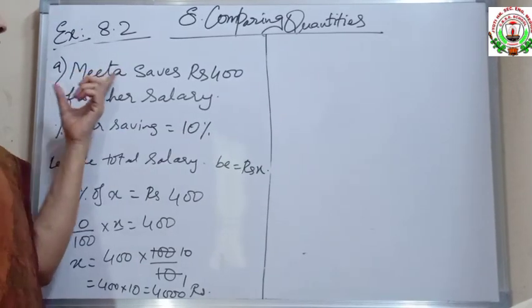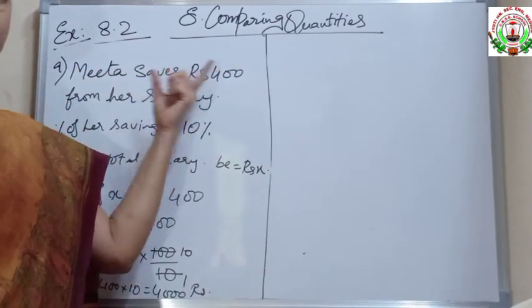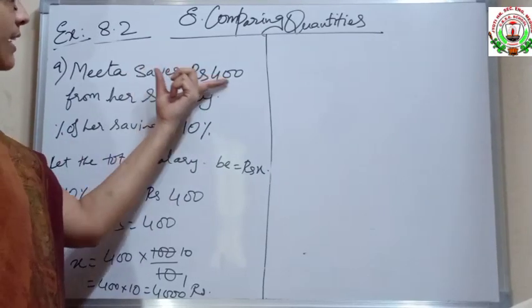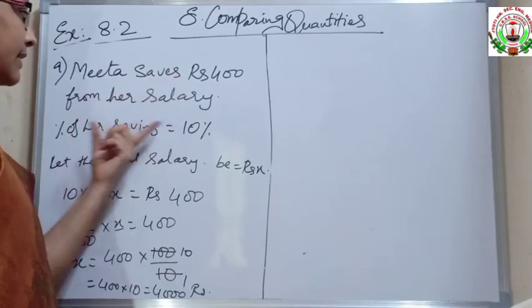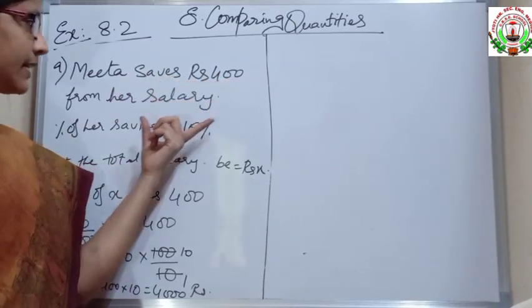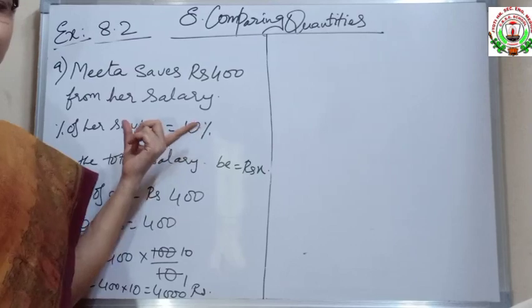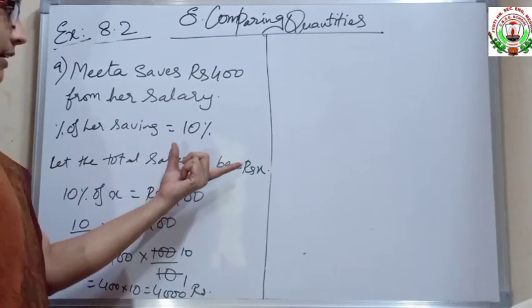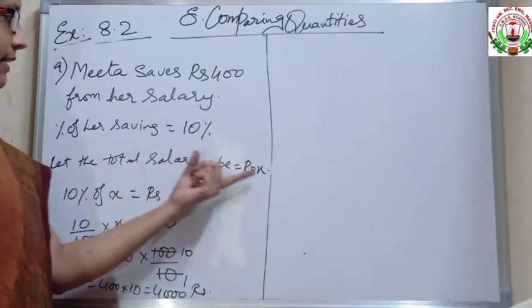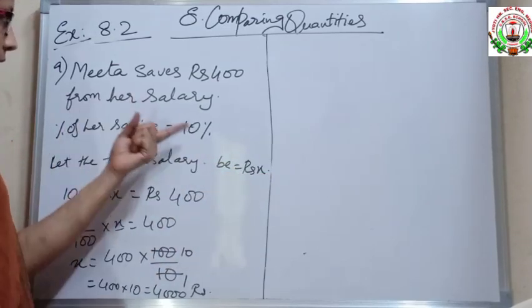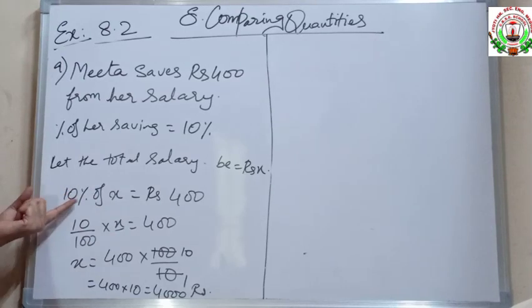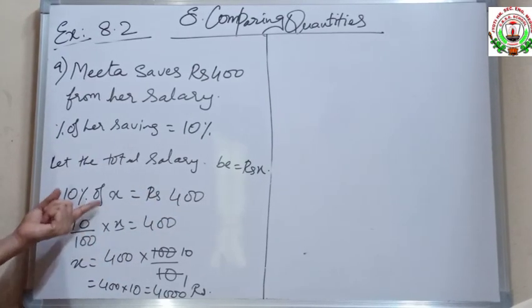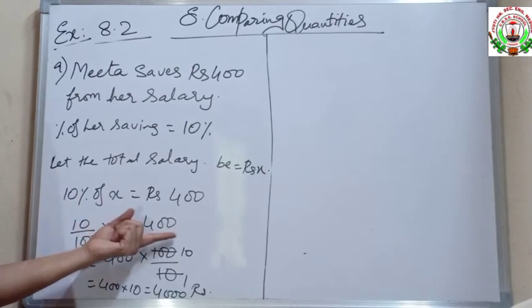Once again, see the 9th one, they have given how much Mita is saving monthly. She is saving 400 rupees monthly from her total salary. The amount she is saving is 10% of her salary. So they have asked you to find the total salary. So I have written, let the total salary be rupees X. So 10% of X is 400 rupees. 10% means 10 by 100 into X is 400 rupees.